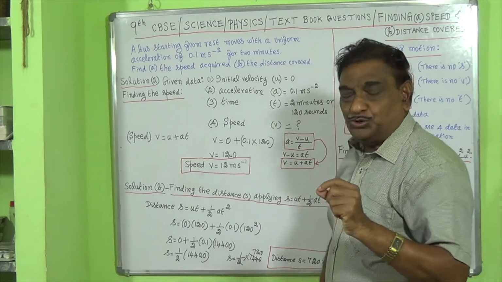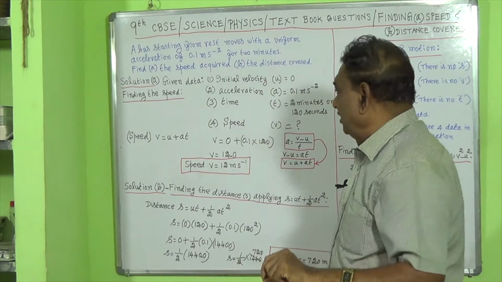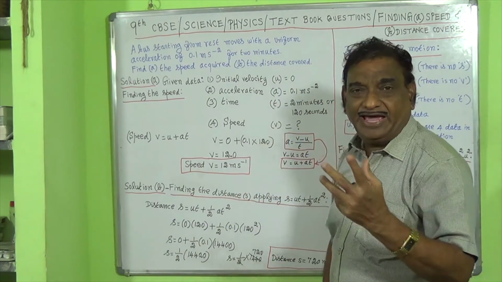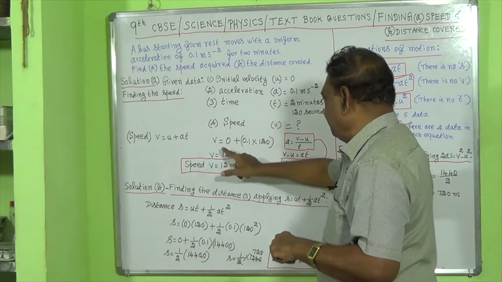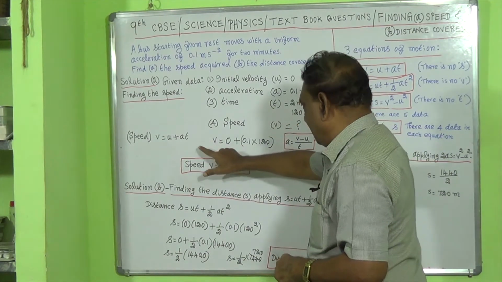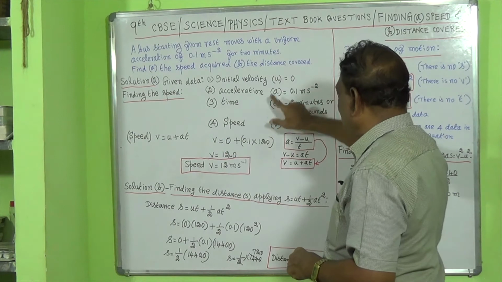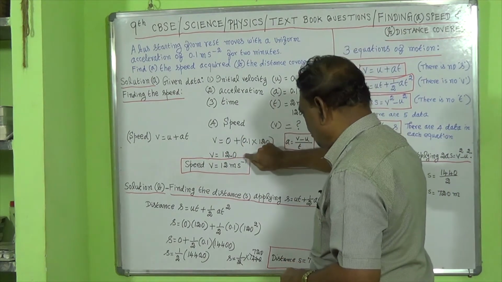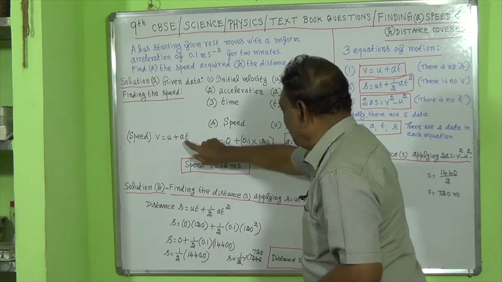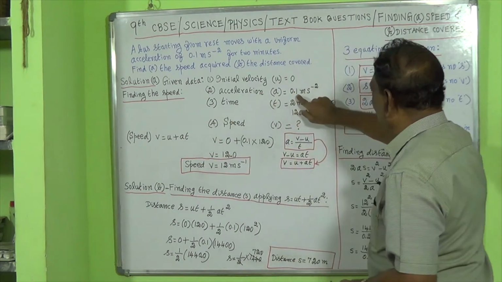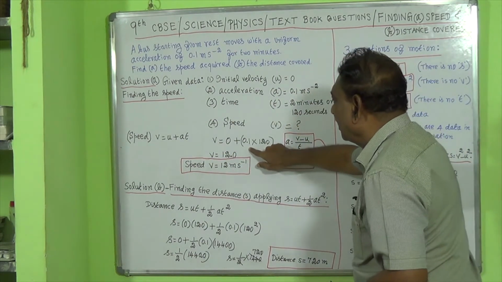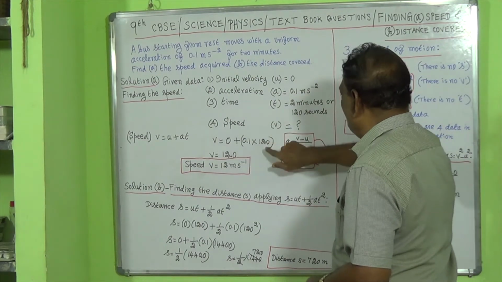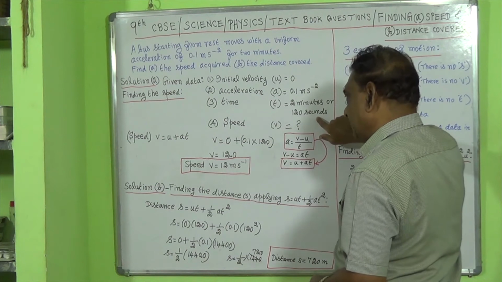If we substitute the given data in this equation of motion, we can easily find the final velocity v, substituting the initial velocity as 0, the acceleration as 0.1, and the time as 120 seconds.